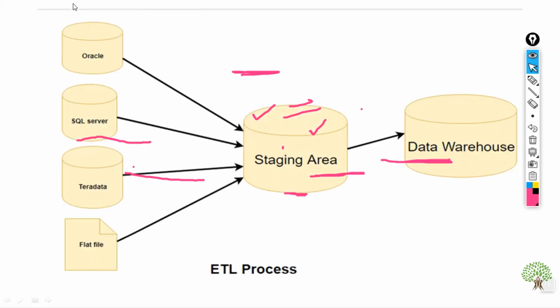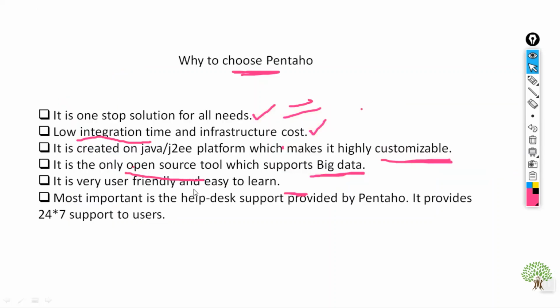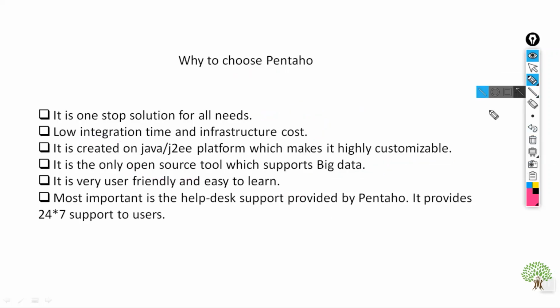If you have a huge amount of data in an Oracle database, or if you are using Teradata, a lot of data may come through these sources. Pentaho supports big data, and it is very user friendly and easy to learn. So you can prefer this tool for integration and visualization.